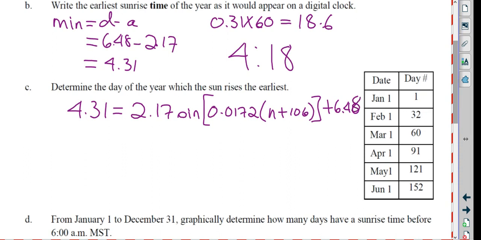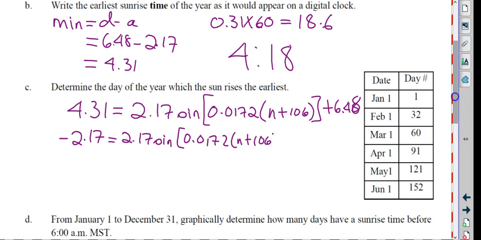So the first thing we're going to do is subtract 6.48 from both sides, right? Giving us negative 2.17 equals 2.17 sine of 0.0172 n plus 106. And then we're going to get negative 1, which is what we knew we had to get, right? We know we need the sine to evaluate to negative 1.